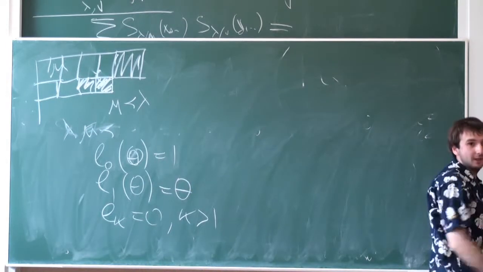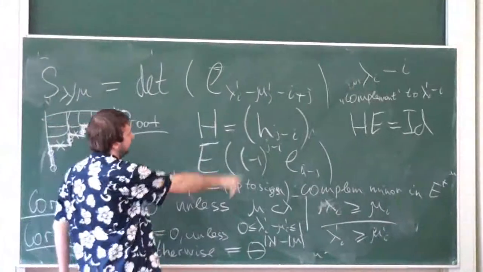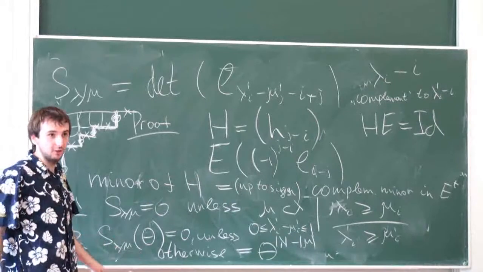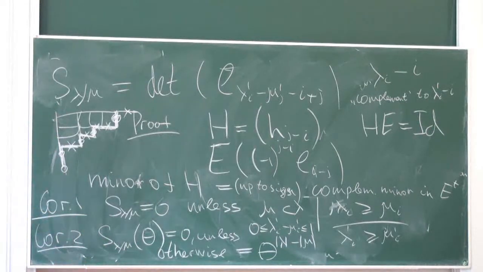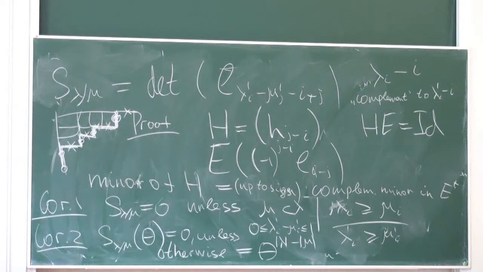Then look at this formula and notice that again, if these conditions are not satisfied, then this matrix will have a block of zeros and it will evaluate to 0. If these conditions are satisfied, then this determinant is just a product of matrix elements. Each of them is theta, and so we arrive at this formula.